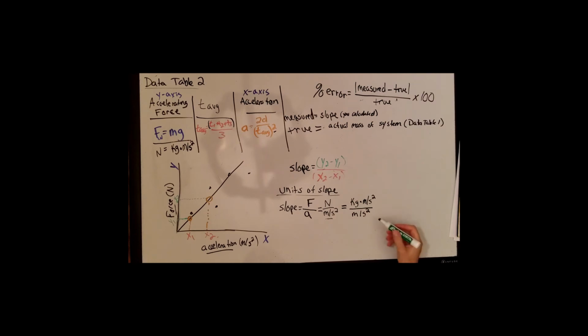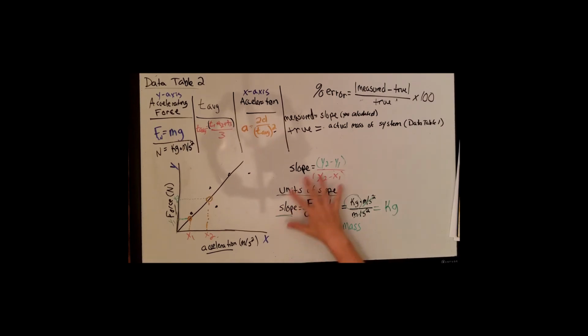I have a meters per second squared in the numerator on top, and a meters per second squared in the denominator on bottom. If they're on opposite sides of this horizontal line, they cancel. So when I'm calculating slope, what I'm really calculating is just the kilograms. And kilograms, we just said, is a mass. So I'm calculating the mass of the system by calculating the slope.